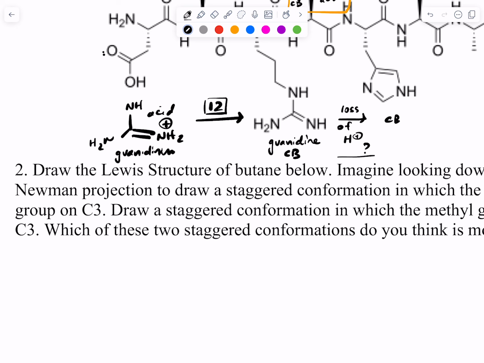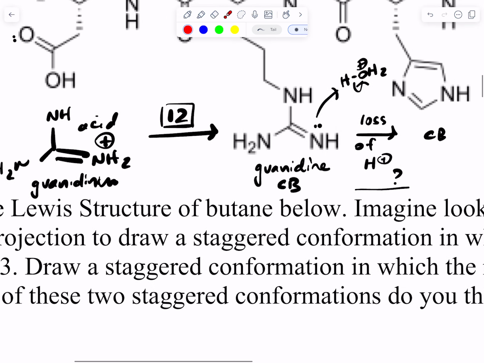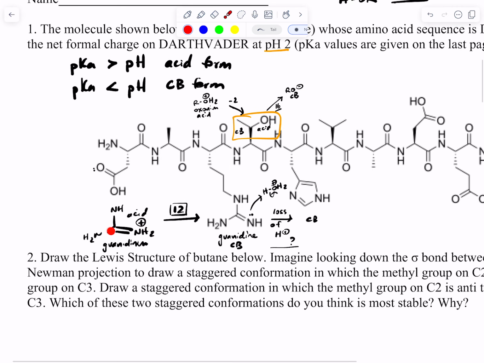That's one thing that some people are struggling with: how does it happen and where do I get the proton? Well, at pH 2, you get it from whatever hydronium is present in solution. And pH is a measure for how much hydronium is in solution. So by comparing pKa and pH, we're really just asking the question, is there enough hydronium to protonate this to get to its acid form?